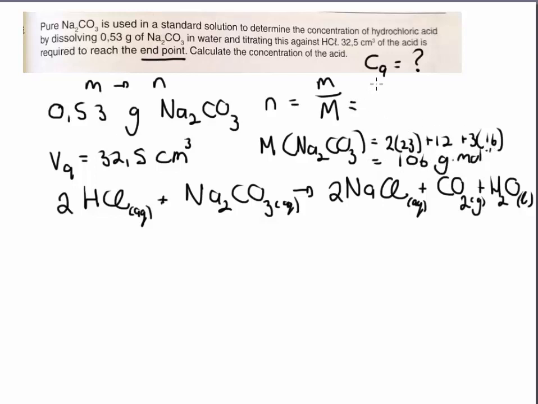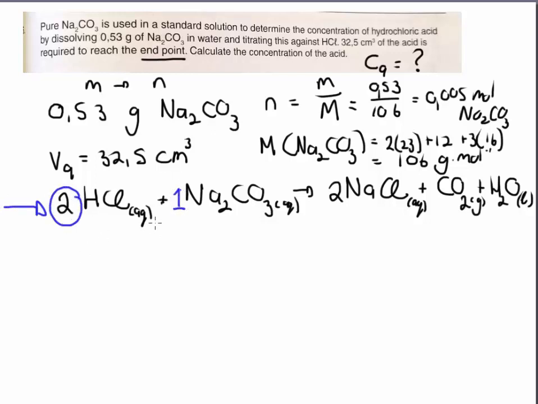Substituting this into my formula, 0.53 as my mass, my molar mass 106, and this should give you 0.005 moles of Na2CO3. Now when I go and look at my balanced chemical equation, I see here that I have 2 moles of HCl reacting with 1 mole of Na2CO3. We don't write the 1, but it's implied, and therefore we know our mole ratio here will be 2 to 1.